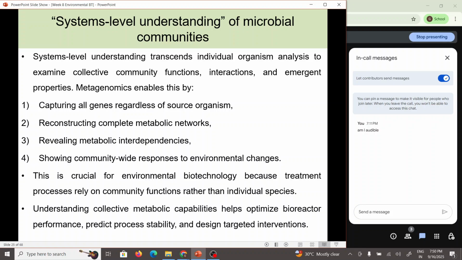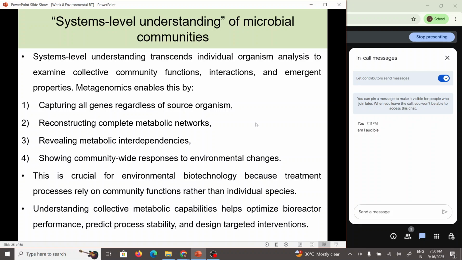And the next part is understanding the collective metabolic capabilities helps optimize bioreactor performance, predict process stability, and design targeted interventions. So more or less the last 2 points talk about the similar thing. The key difference is this: first of all, we should know a basic information to design a system, and after that only we can go for optimizing its performance.